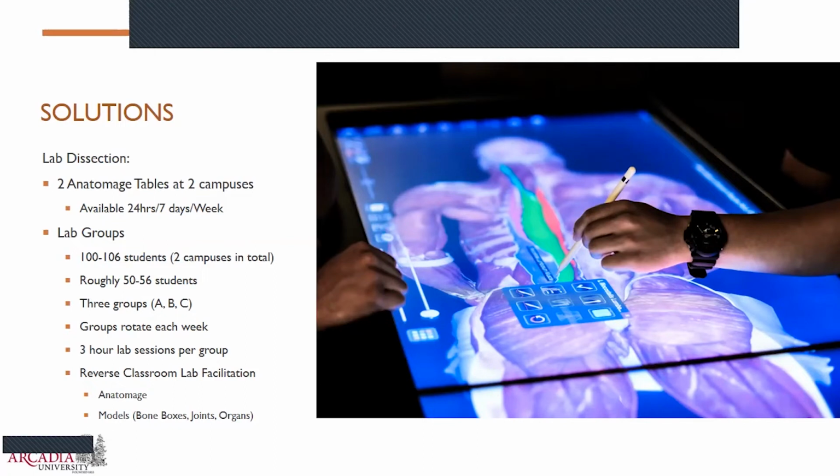That ability allowed for collaboration, not only within one campus, but across campuses, because our students could download, quote unquote, a dissection preset and send it electronically to a student at the other campus, any of the other 12 to 16 students, and they could build upon it and save that as another preset, and then send it back to another student. And so collaboratively, they worked together across both campuses.